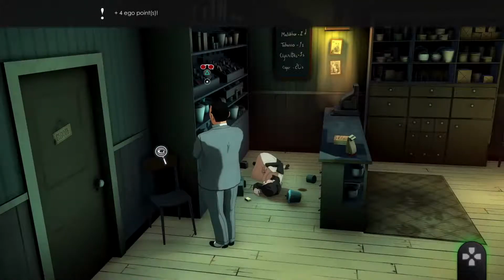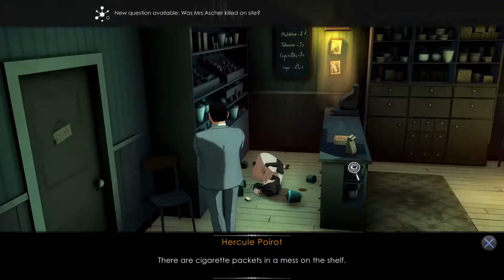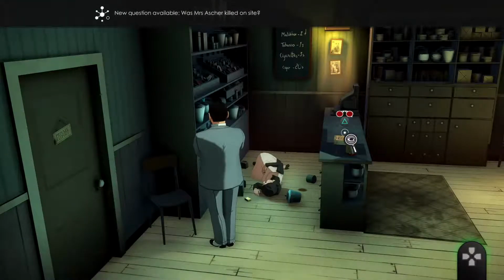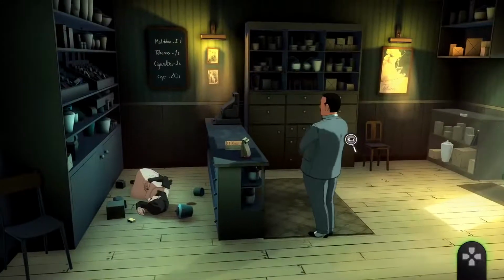We got 4 ego points. There are cigarettes packets in a mess on the shelf. So does that mean we missed something here? Because we had only 2 of 3. Let's look again.